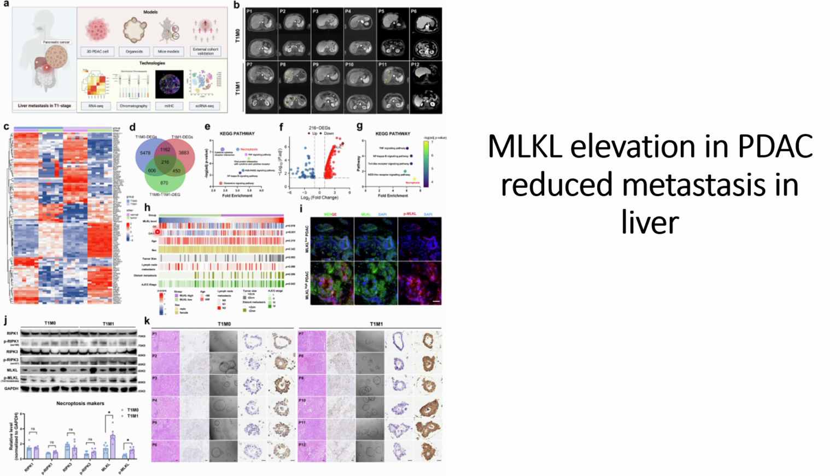The survival possibilities are in red and the MLKL levels in blue: high MLKL leads to the lowest survival possibilities, and low MLKL leads to the highest survival possibilities. This is the main gist of this figure.